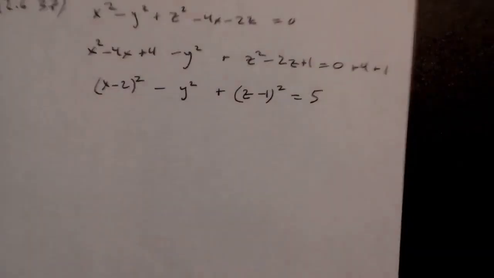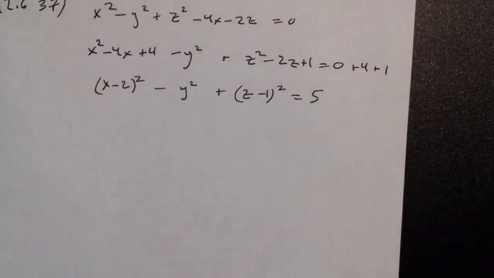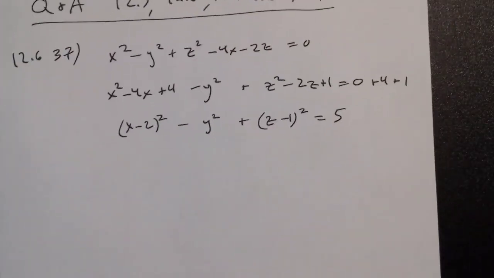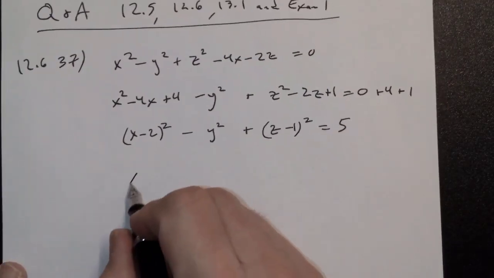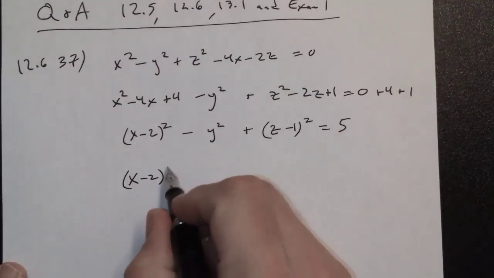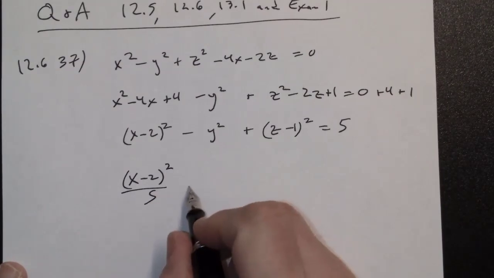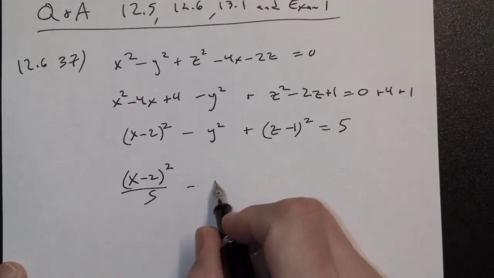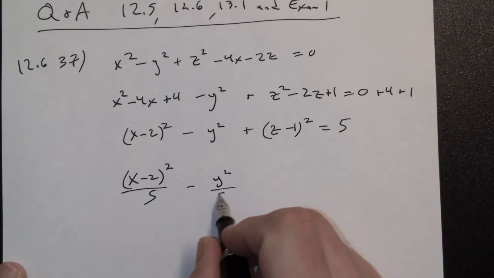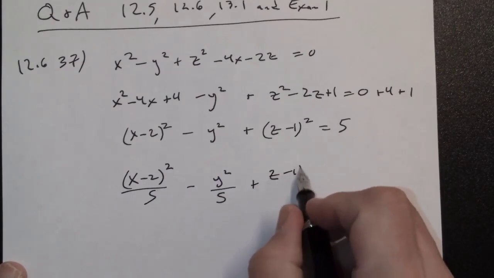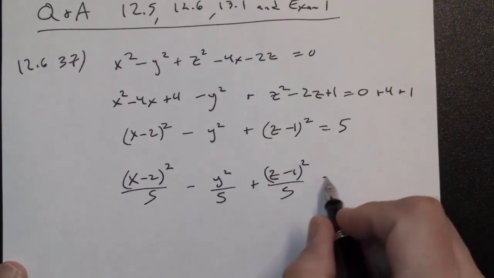So I'm going to divide by 5. X minus 2 squared over 5, minus y squared over 5, plus z minus 1 squared over 5 equals 1.